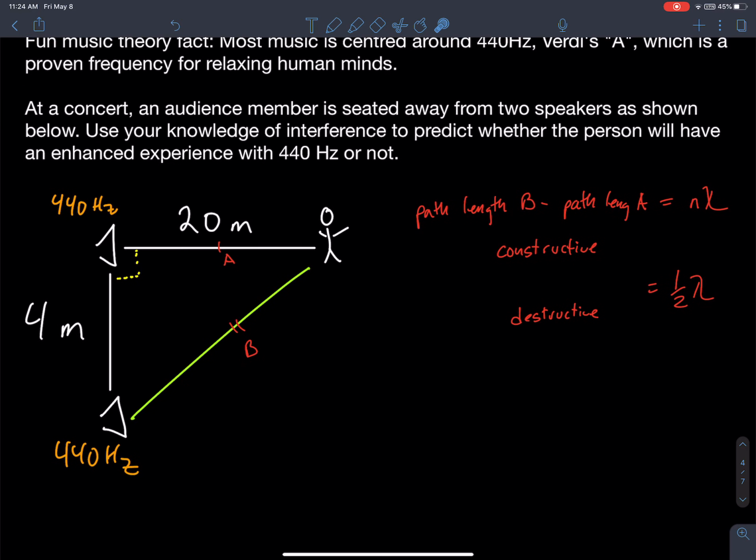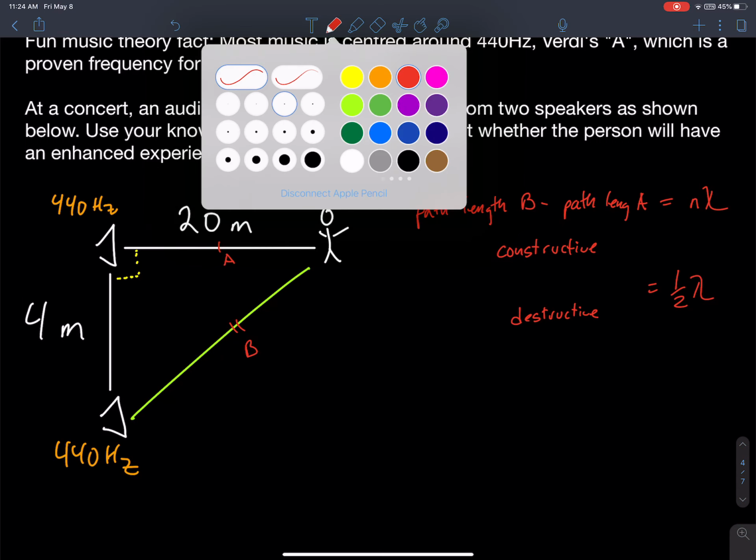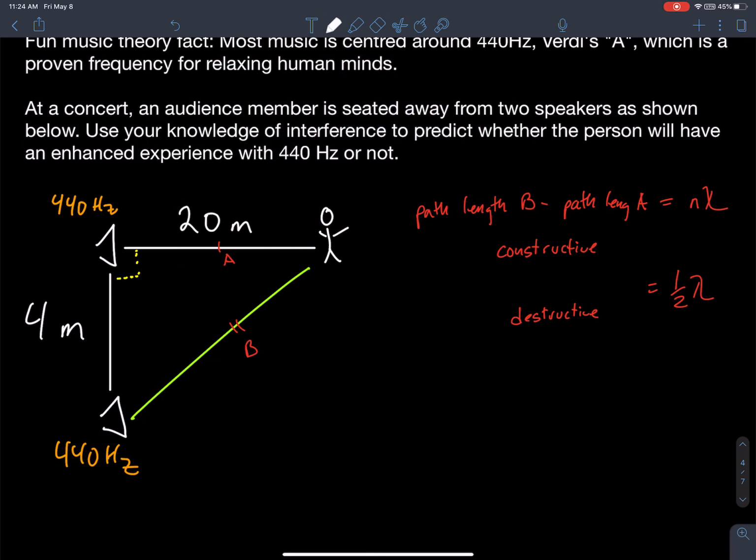All right, so first I'm going to start figuring out a few things. Instead of frequency, I want to have the wavelength. So to solve for the wavelength of 440 hertz, I use the wave equation. This is my first step to the problem. The wave equation: speed equals lambda times frequency.